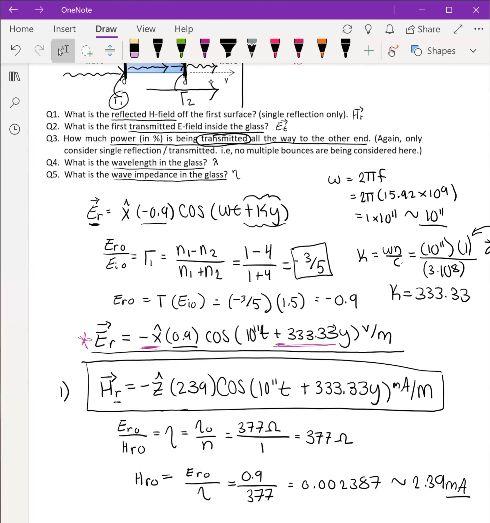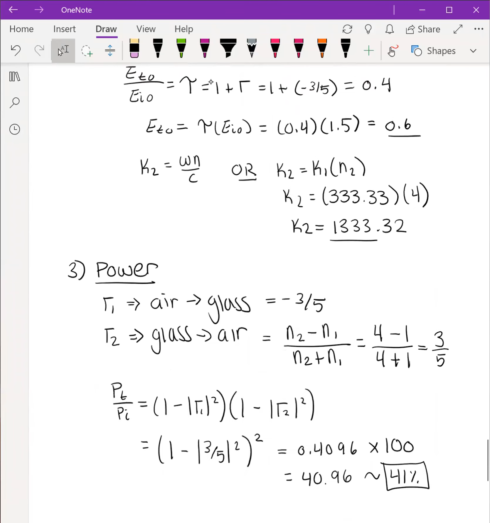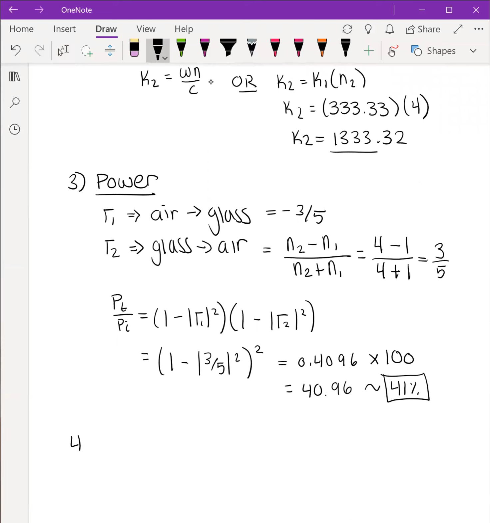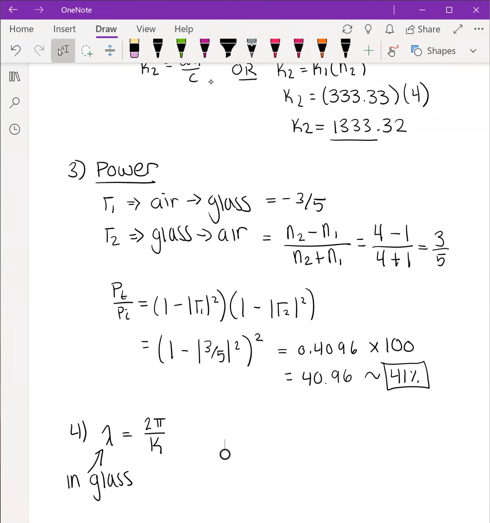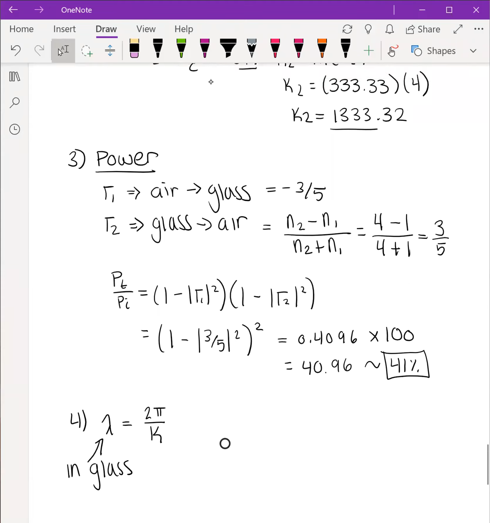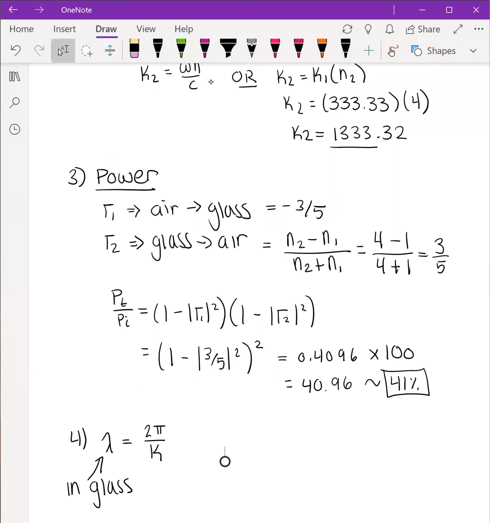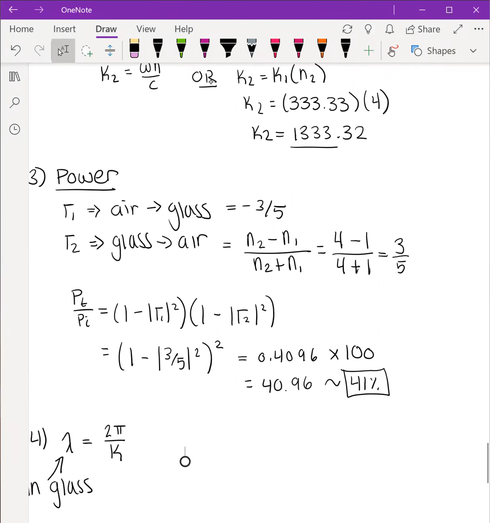The next question asks, what is the wavelength in glass? For number 4, the wavelength specifically in glass, we know the wavelength equation is 2 pi over k. But because this is specific to glass, we need to take our k that was calculated from the index of refraction with N2 equal to 4.